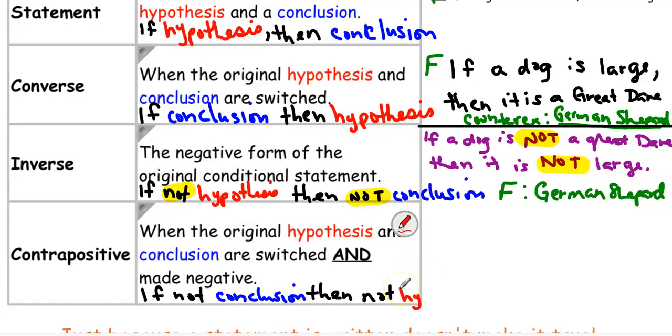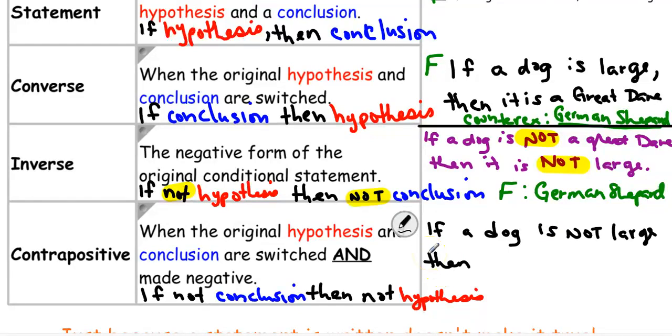Then not hypothesis. So when I go to write out this statement, I would say if a dog is not large, then it is not a Great Dane. That got a little messy in there. I can do better than that.